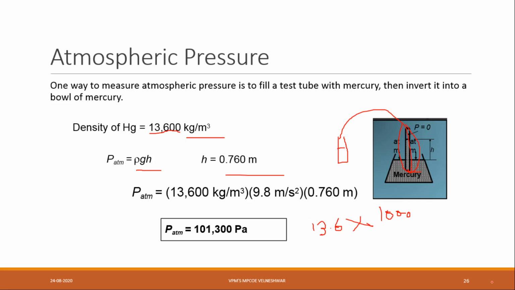Now P atmospheric is equal to rho, 13600 kg per meter cube, into acceleration due to gravity, 9.8, into height, 0.760. That is P atmospheric equal to 101,300 pascals. Okay, that is the P atmospheric.